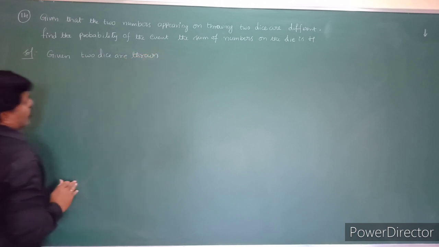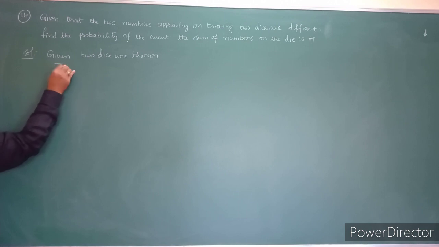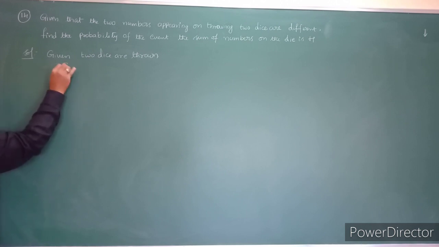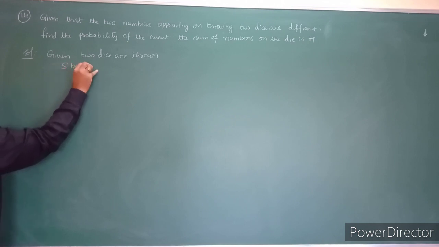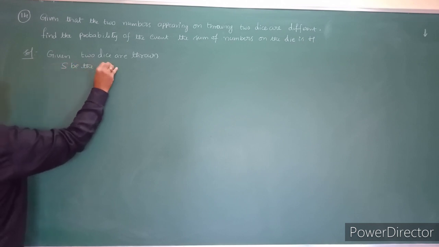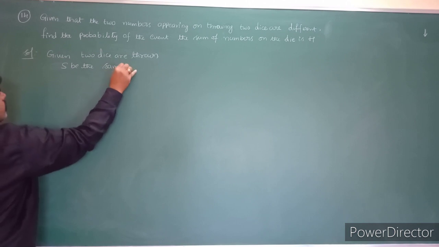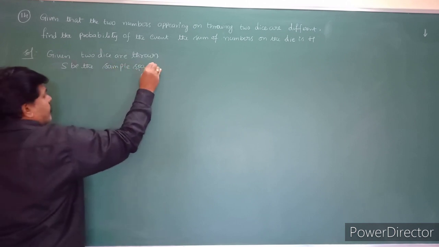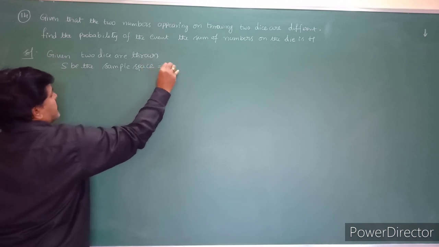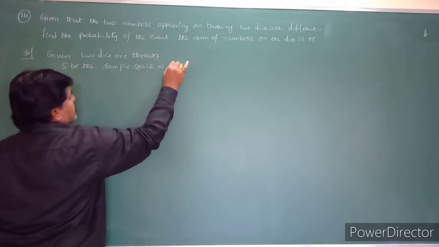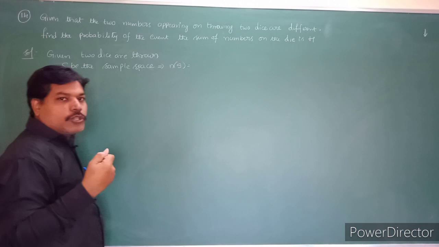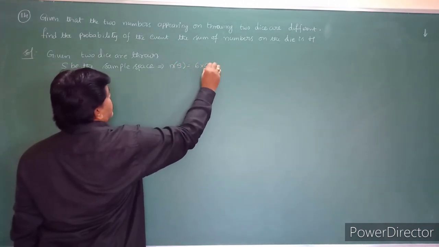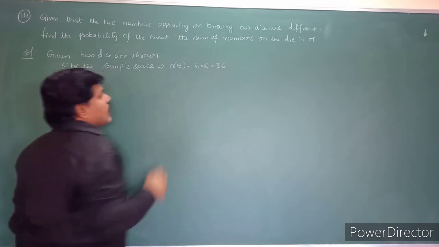Let S be the sample space. That implies n of S is equal to, what is n of S? If you throw two dice, the outcomes are 6 into 6, that is equal to 36 outcomes.